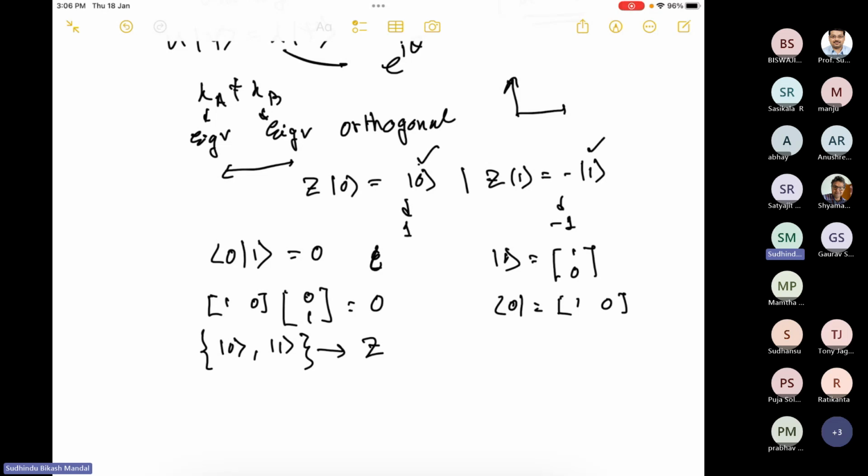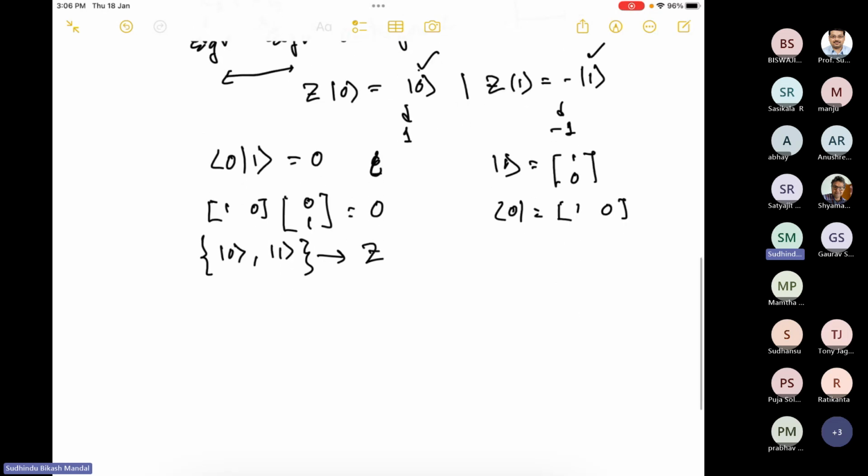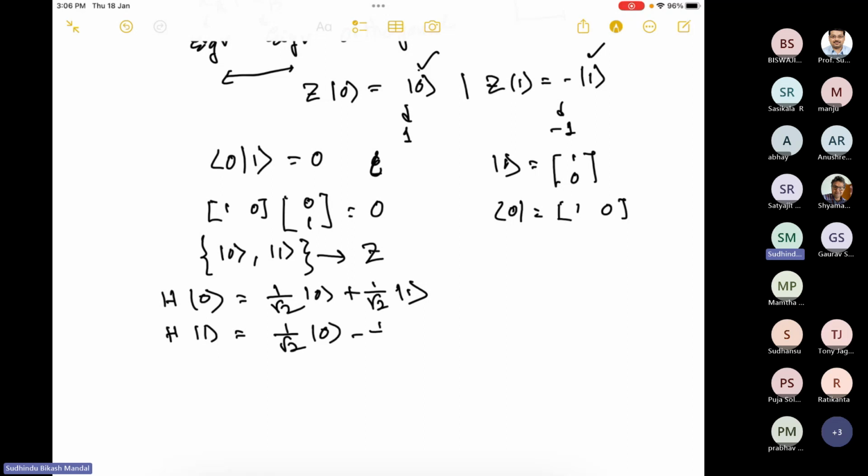And there is another basis state. Suppose I have already shown you the Hadamard case. If I apply this Hadamard over this 0, it will generate 1 by root 2 0 plus 1 by root 2 1. And if I apply it to 1, it will generate 1 by root 2 0 minus 1 by root 2 1.